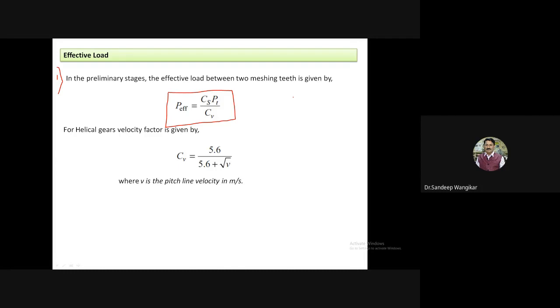When it is mentioned to calculate the power using the velocity factor, this is the formula. Now P effective is the effective load, CS stands for the service factor, which we have discussed in spur gear also, and PT is the tangential load.